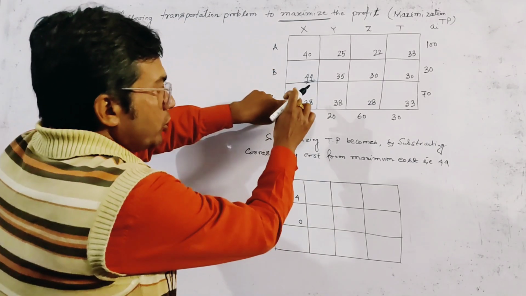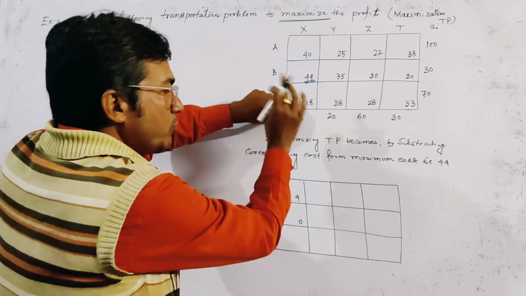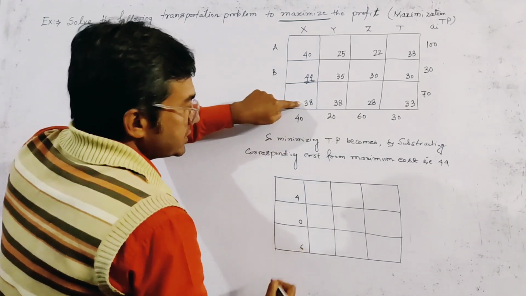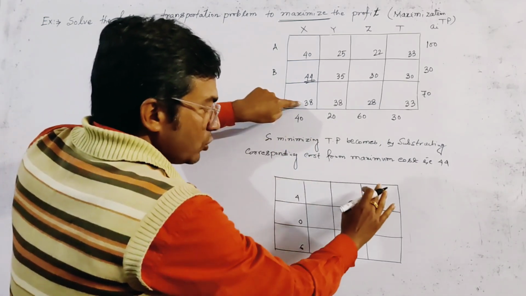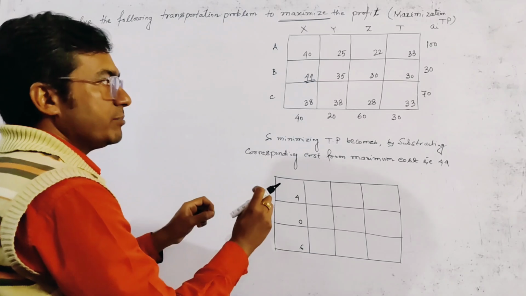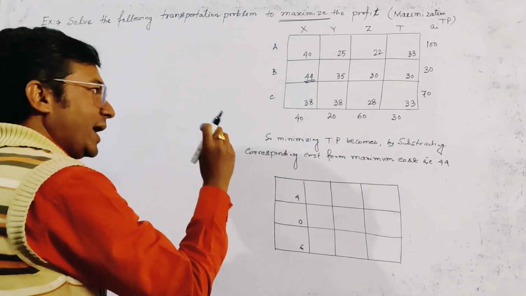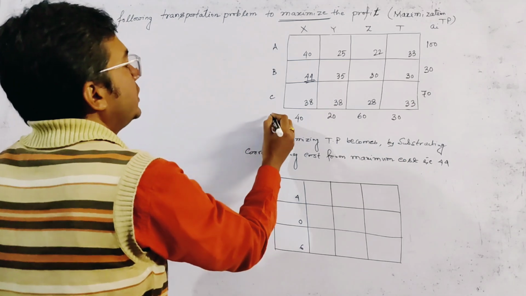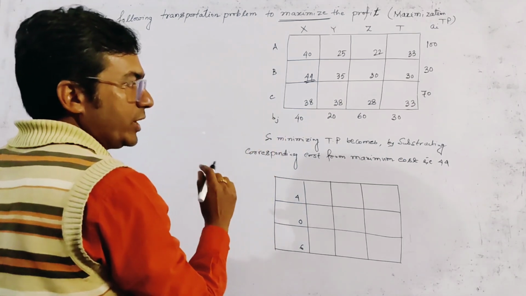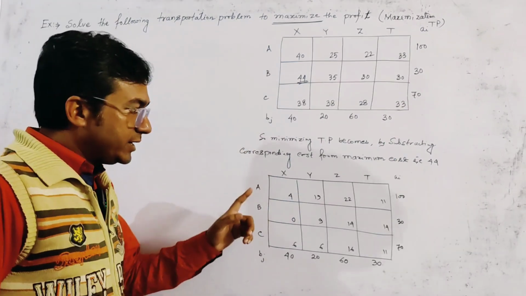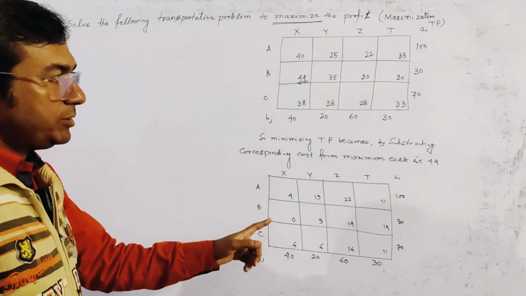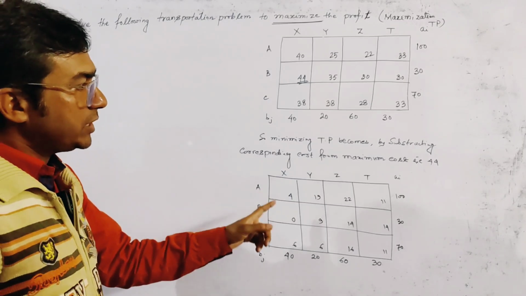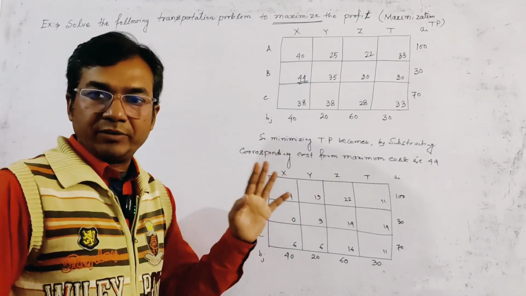We subtract 38 from 44, so we get 6, and we write all the costs in a similar manner. As above, we write all the capacities ai and all the demands bj. So we get a new transportation table, the transportation table of minimization type.